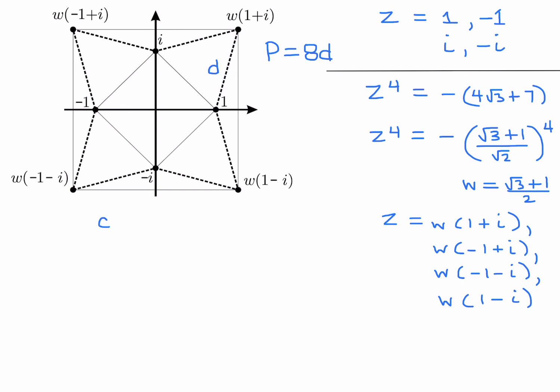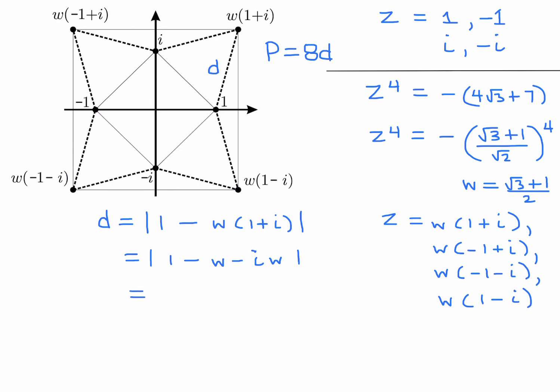So that will be my d, and that is 1 minus w times 1 plus i, and I've got to take the magnitude. Remember, these are complex numbers, so they behave a little bit differently than a regular coordinate system. So expanding, this is going to be the magnitude of 1 minus w minus iw.